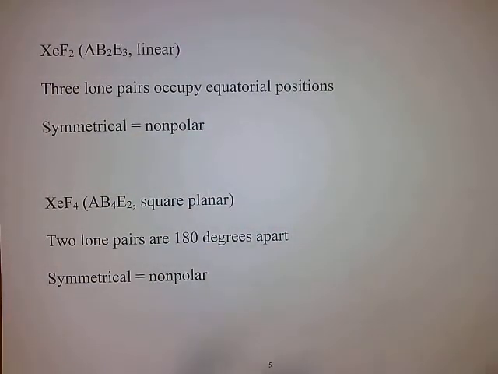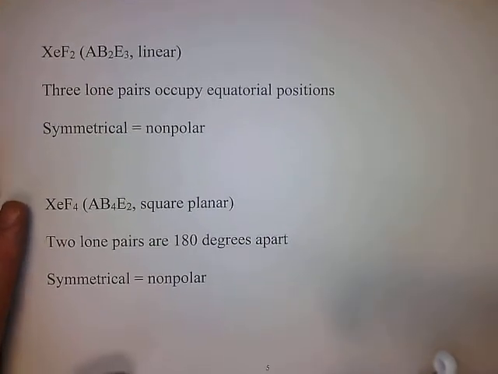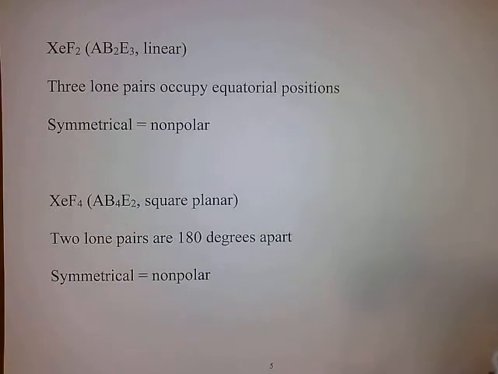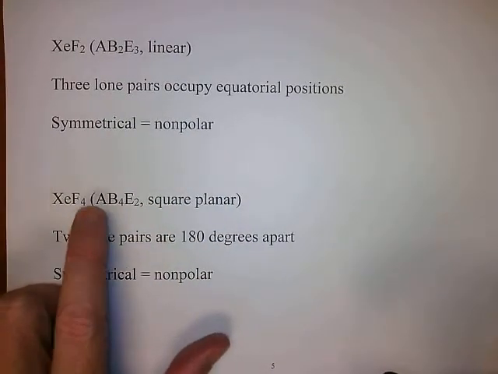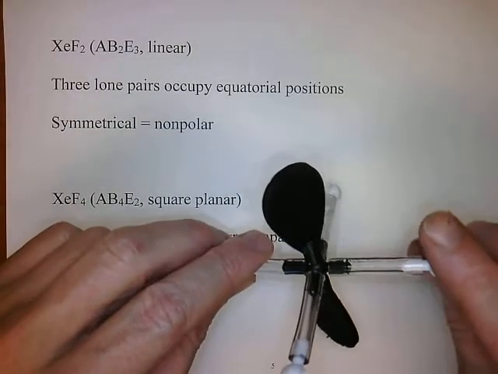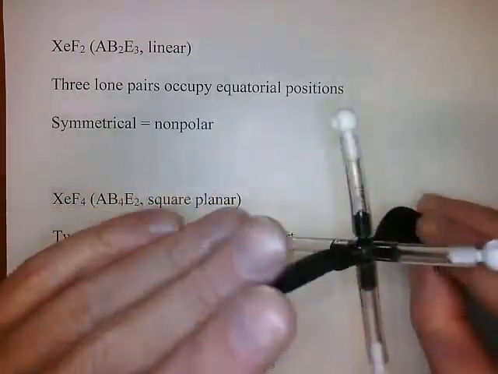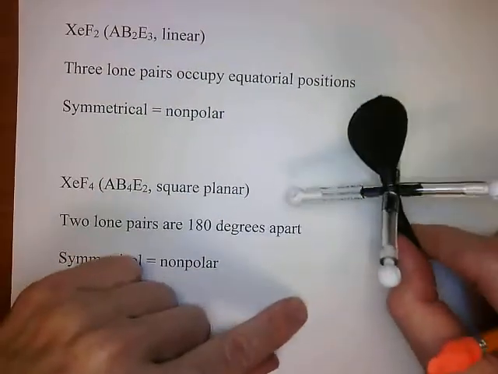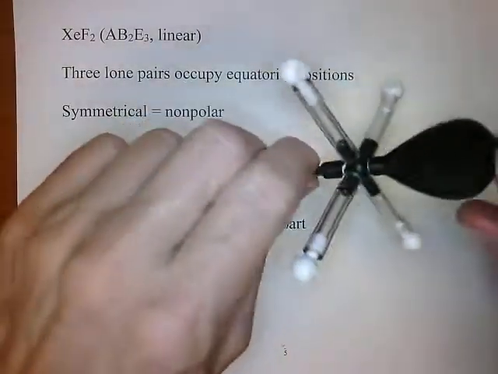And the same thing for XeF4. We classified this as an AB4E2 molecule. You have four attached atoms and two lone pairs. Now if we look at this model, the two lone pairs are opposite one another. They're 180 degrees apart. They're opposite, right?